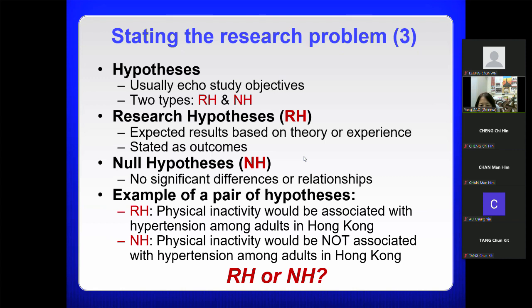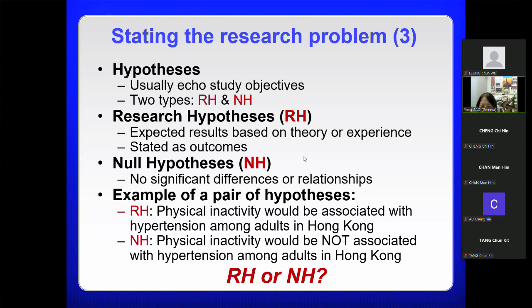So the research hypothesis is the outcome you want to find through the study, whereas the null hypothesis is what you set to reject.